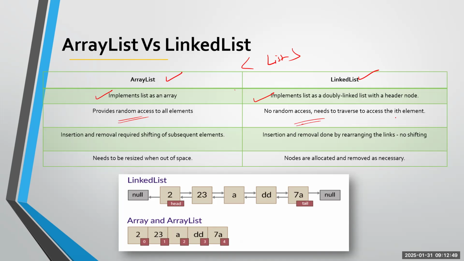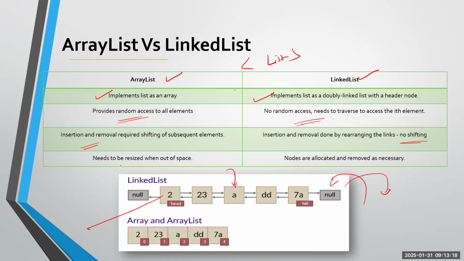We need to travel to that particular element. Means if you want any element to be fetched, you need to travel to that element and then only you can fetch that data. Here insertion and removal require a lot of shifting. But in the linked list, we don't need any shifting. So please understand, whenever you want to insert or delete any element, we follow linked list. But if I want to retrieve an element from the list, then we can follow array list.